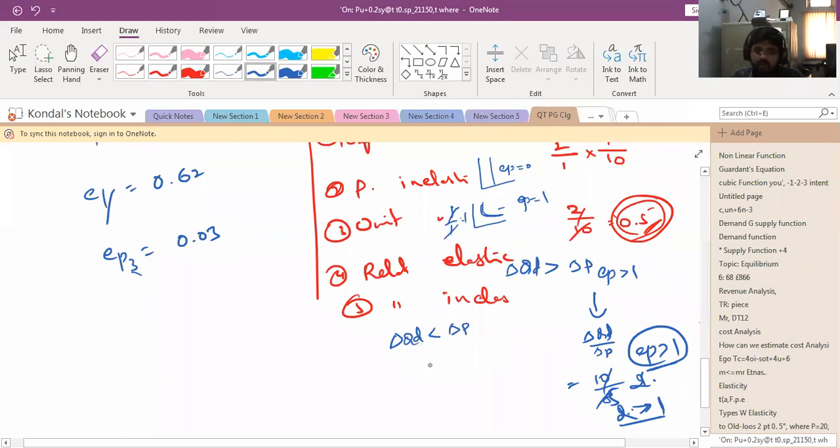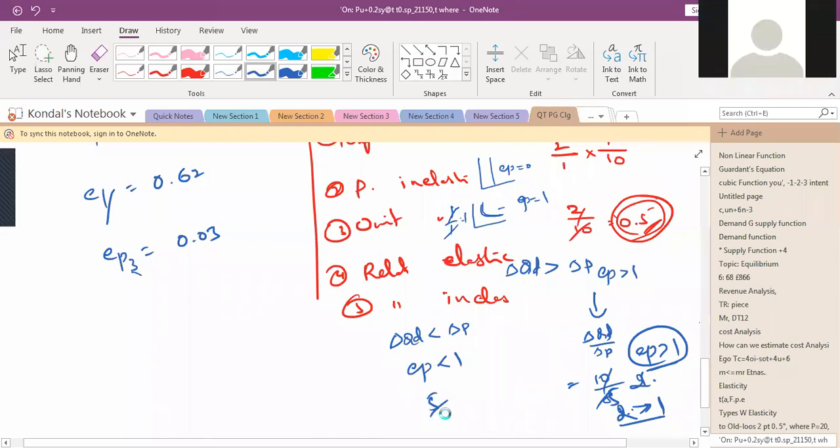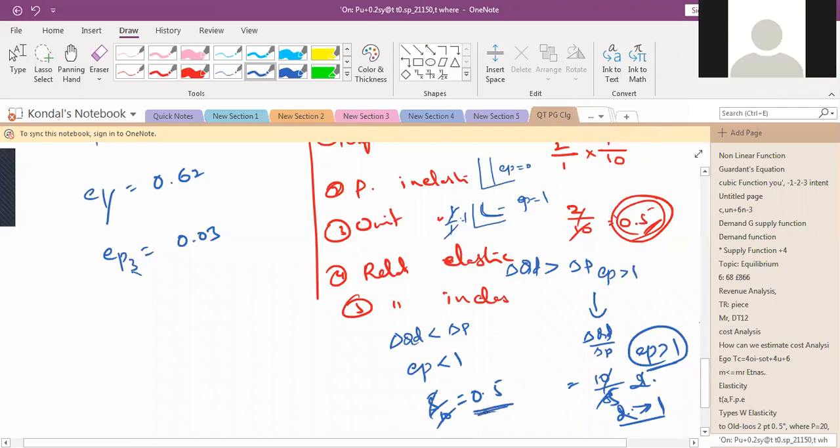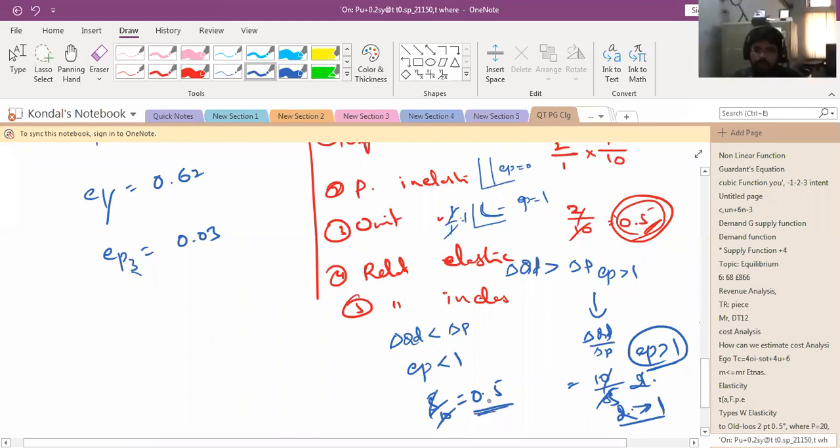So here the elasticity of price will be less than 1, less than unit. For example, 5 by 10, how much will we get? 0.5 only, right? So 0.5 is less than 1.